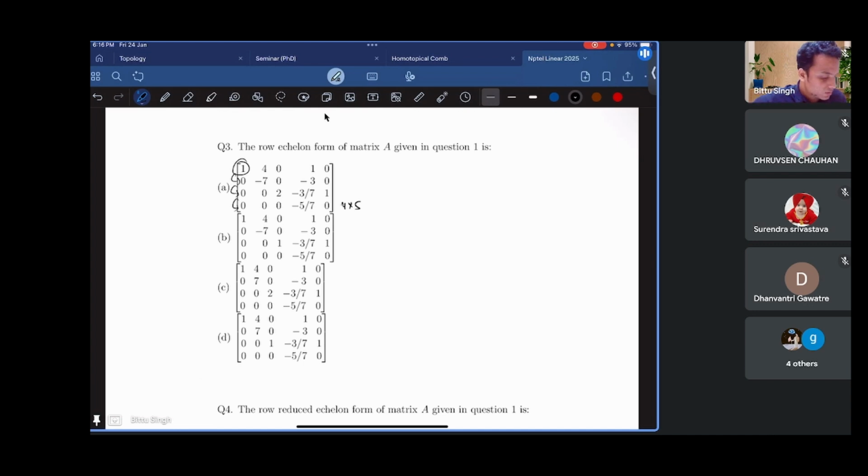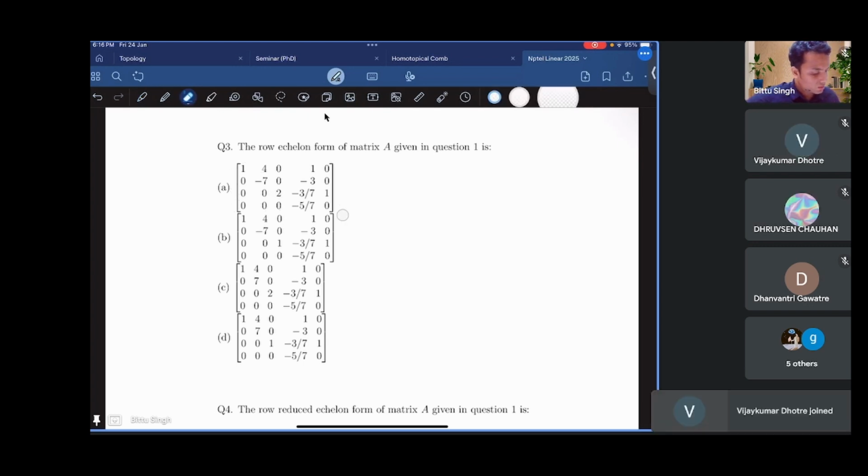Then again, you can see that the leading entry of the second row is -7, which is just after the first column. After that, all should be 0. Again, the third row starts with the third column. Below that, everything is 0. So this is called row echelon form.